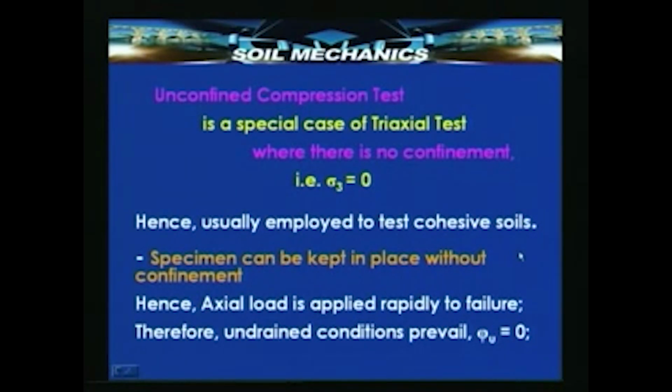Since it is cohesive and since there is no confinement, the axial load is usually applied rapidly until failure, so that the specimen does not get dislodged. Such a rapid test obviously provides undrained conditions, and therefore friction does not get mobilized, and phi undrained equal to 0 holds for this test.